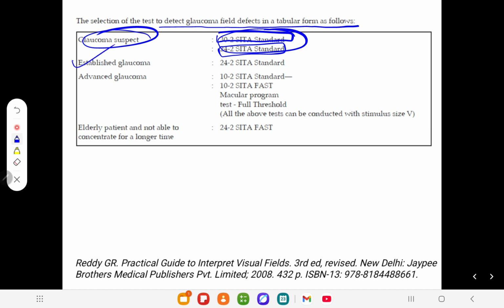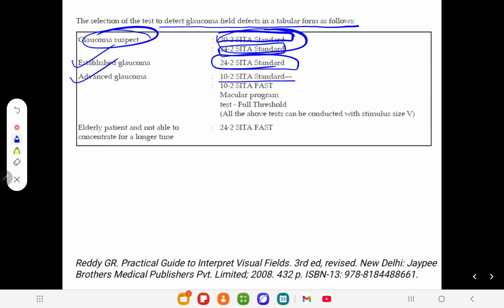If there is an established glaucoma, see, you don't suspect here, you have already diagnosed glaucoma, then 24-2 SITA standard will be a great idea, because now you have only one thing to do, you have to differentiate whether there is a progression or not, and then 24-2 would be more than sufficient, and you come to the conclusion that it's advanced glaucoma.